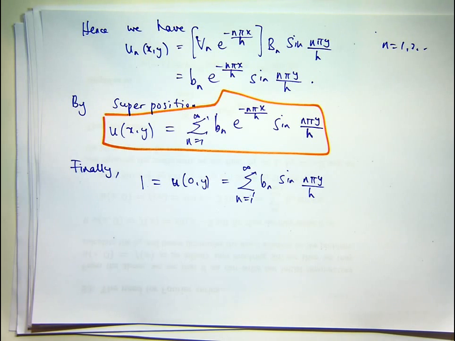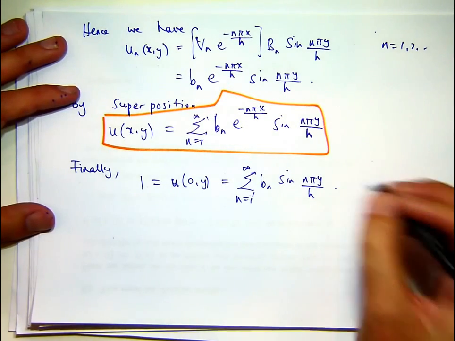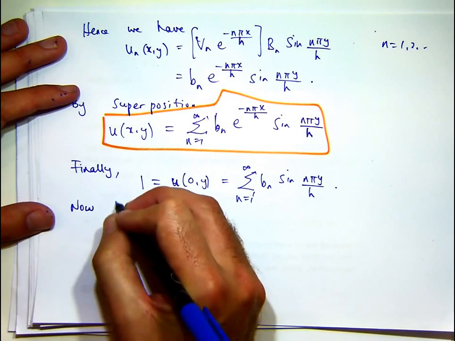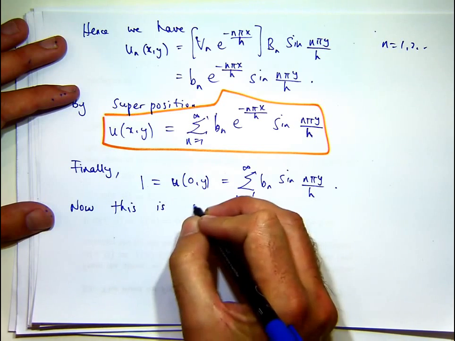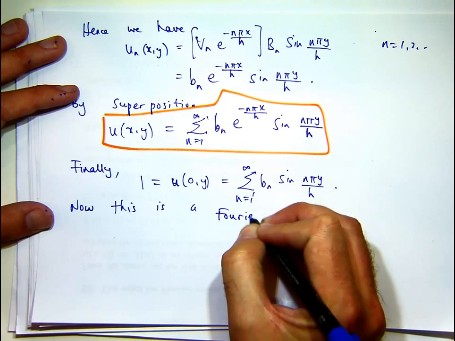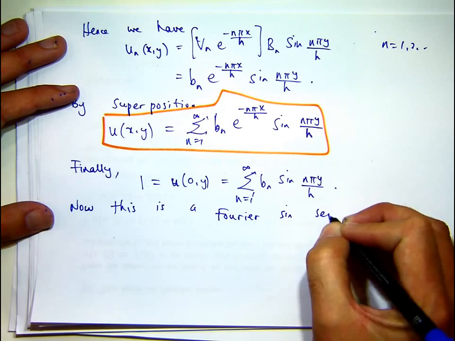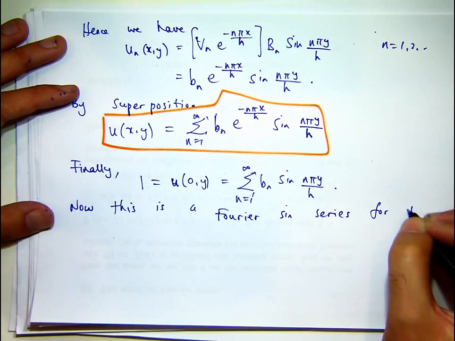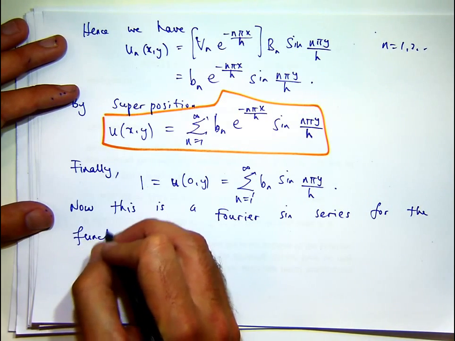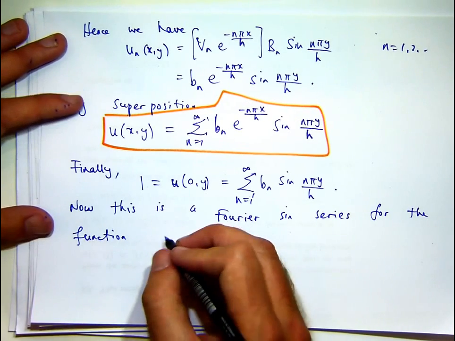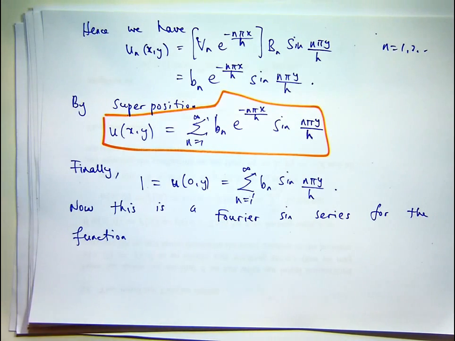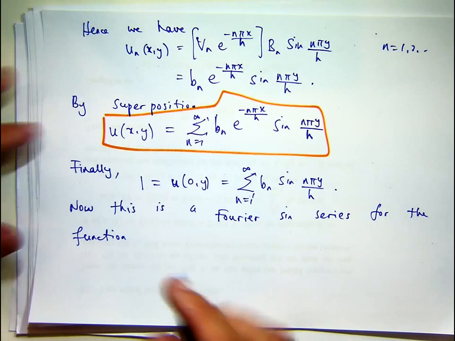Now, from Fourier series, how do we calculate the b sub n's for a Fourier sine function? Well, it's just used as an integral formula. Let's go with, yeah, I could use f here.